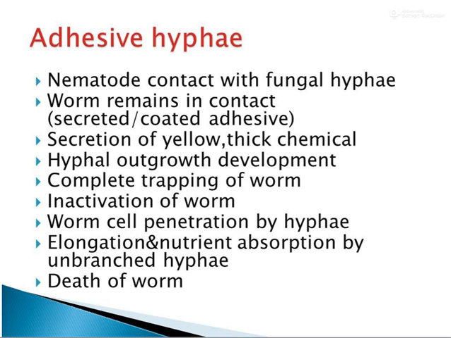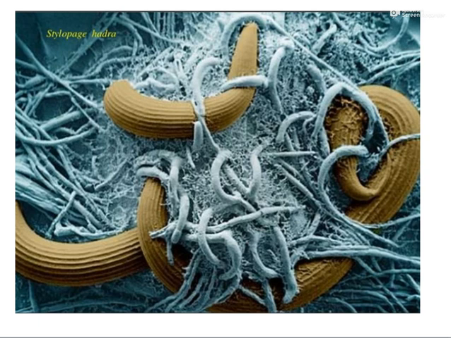The production of this adhesive by the hyphae is mainly to keep the worm stationary or to trap it over there. Once it has been trapped, the worm is inactivated, and the hyphae will penetrate into the worm and start absorbing the nutrients, and finally the death of the worm is brought about. Now, this is a case where the nematode is getting trapped within the hyphae because of the adhesive produced by the hyphae.